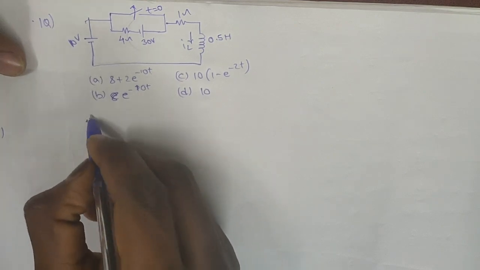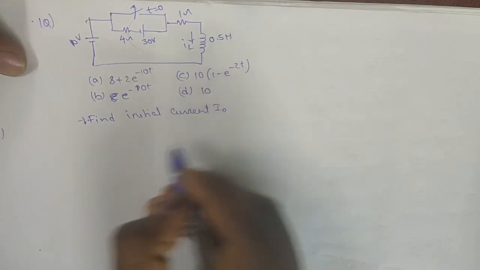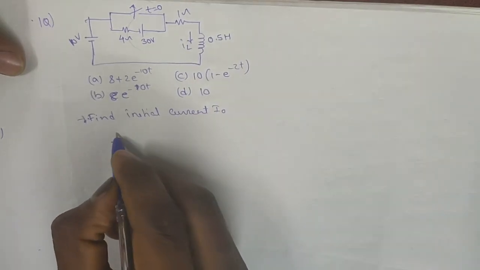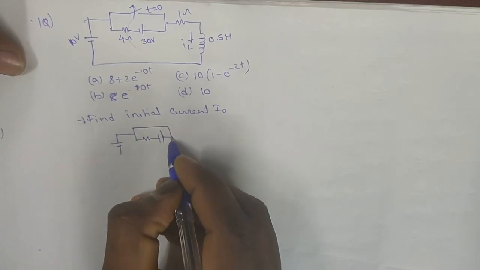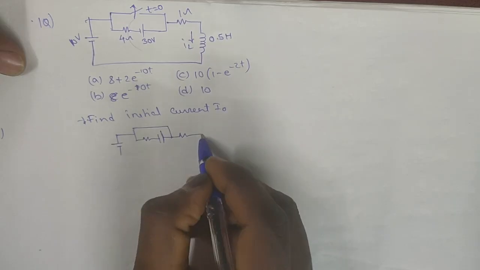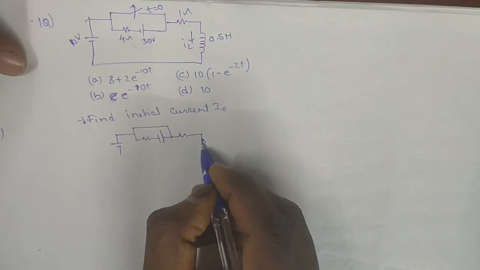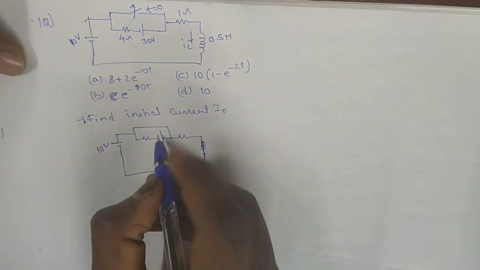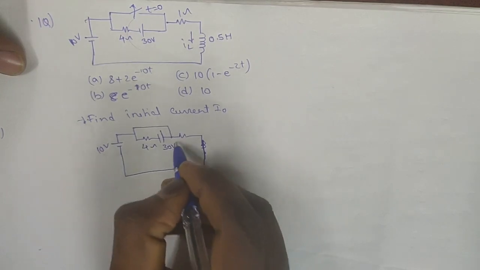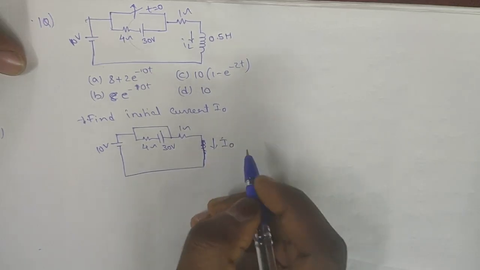First we need to find the initial current I0 by closing that circuit. As a steady state, the inductor will be short circuit. So 10 volts applied here, 4 ohms, 30 volts and 1 ohm and a short circuit current. This is considered as I0.